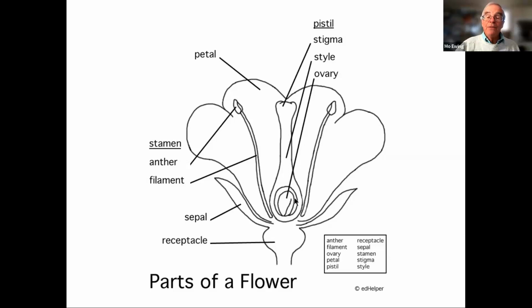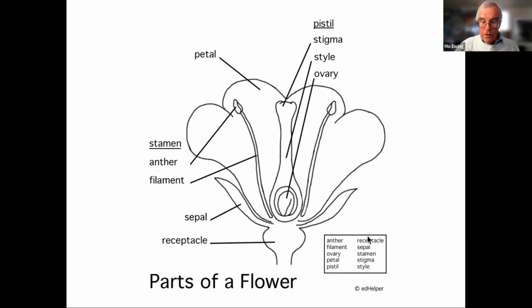And basically what happens is that the male part grows pollen, and the pollen is either transferred to the stigma by wind or by pollinators. And then the pollen grows a long tube that grows down into the ovary and fertilizes the ovary, and that's how you get the seed.